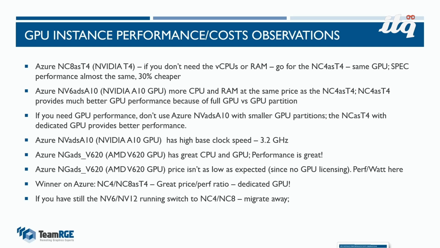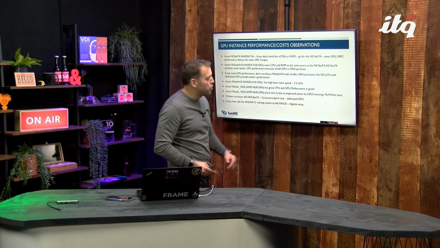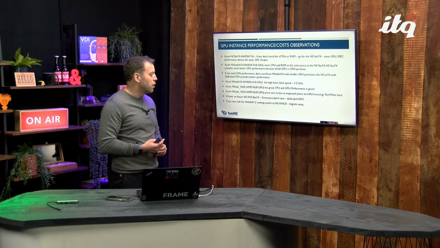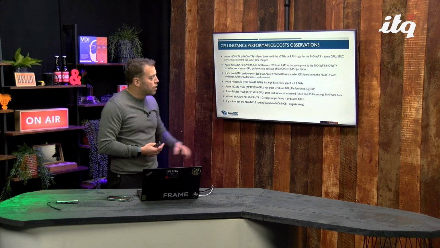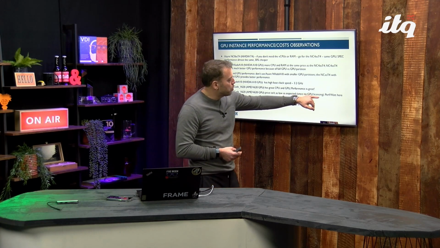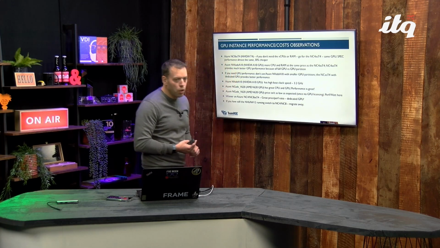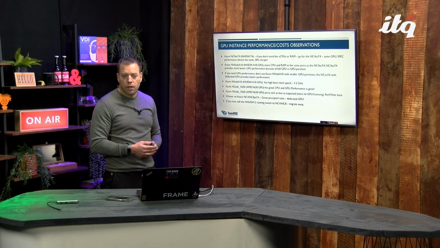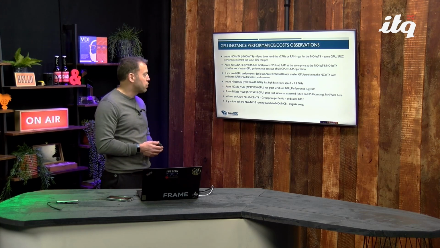Unfortunately, that is not really the case. I thought it was lower because there's no NVIDIA GPU licensing involved in the AMD machine, obviously. But it seems that the power consumption of the GPU is relatively high, and that has a massive impact on the cost in the Azure context.